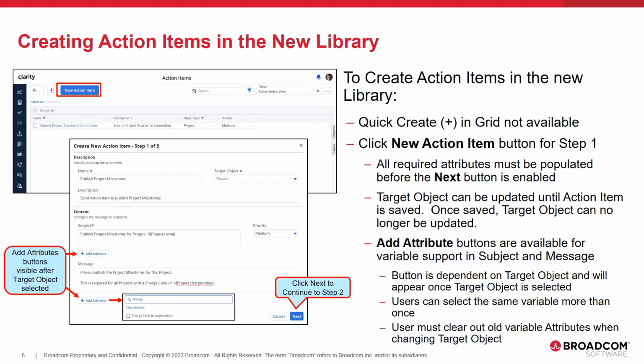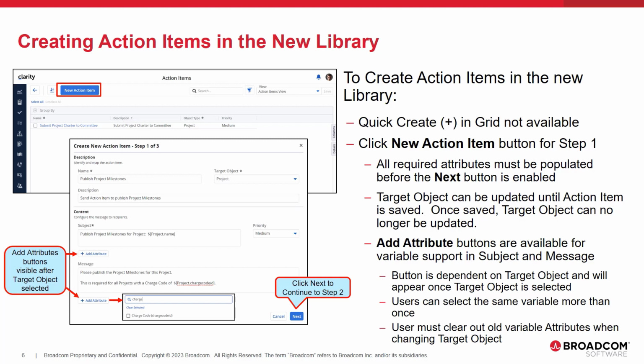But once you save the action item, you'll no longer be able to update the target object. Notice that the subject and message attributes have a button called Add Attribute. Similar to how Classic works today, once you click on that, you'll be able to select variables to show inside your subject or message.